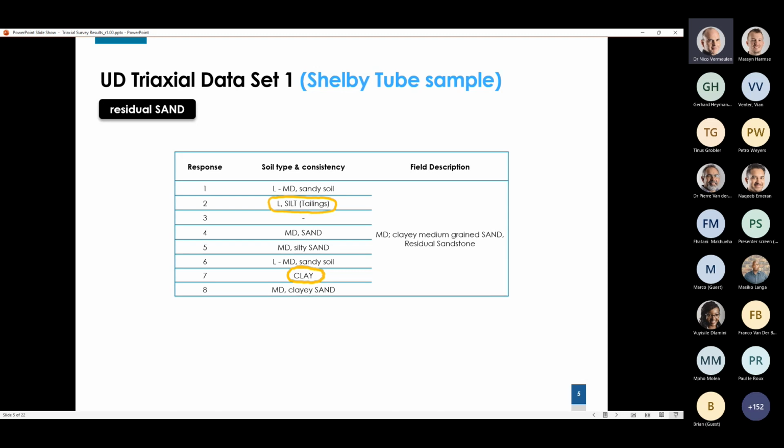It's doable to some extent, and I think that is shown by the fact that most of the respondents identified this material as a sand or a sandy soil, with 2 veering off, one in the direction of silty tailings. Maybe the fact that the residual sand has some silt and clay content led that person to lean that way, and then one of the respondents saw this as a clay.